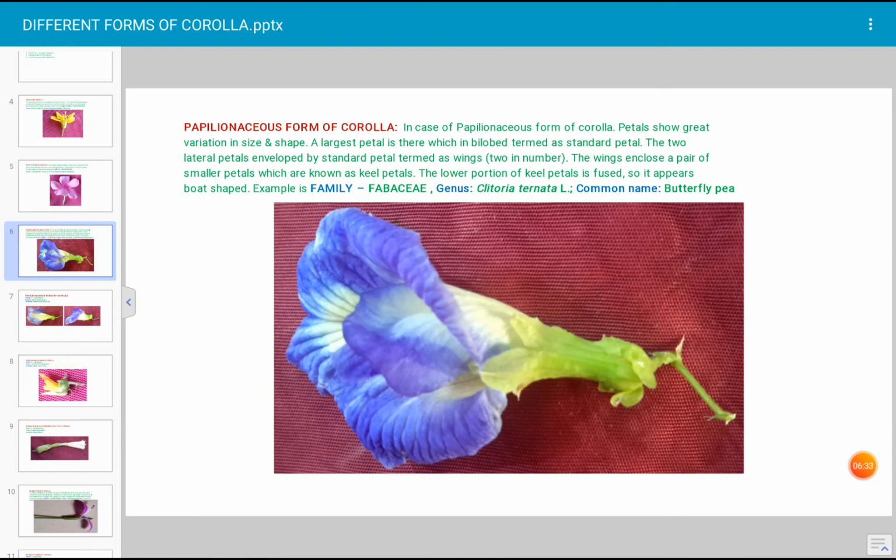For example, here we have shown the photograph of the corolla of Clitoria ternatea. The common name of this plant is butterfly pea, and this is a member of the Papilionaceae family. Another name of the Papilionaceae family is Fabaceae.